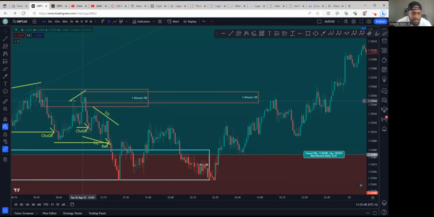Right here, with this little small divergence and change of character inside of here, right? Price did what? After price changed character, did price come back to mitigate this supply zone that caused a change of character? Yes or no? I say it did.